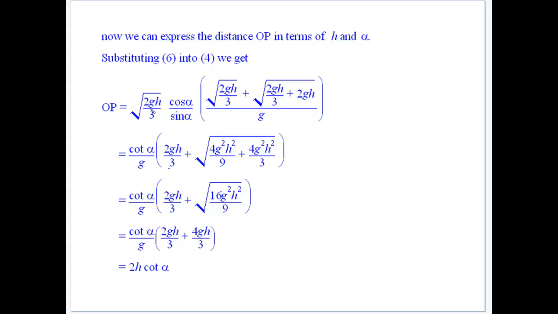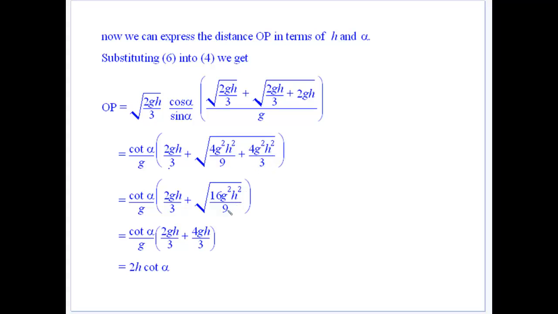We're going to multiply through by square root of 2gh on 3 because that will get rid of that part there for us. The square root goes, and we get square root of all this times each of those terms, 4g squared h squared on 9, 4g squared h squared on 3.